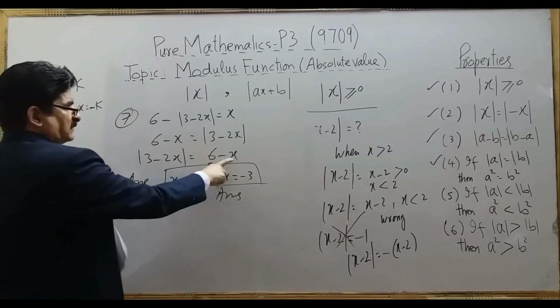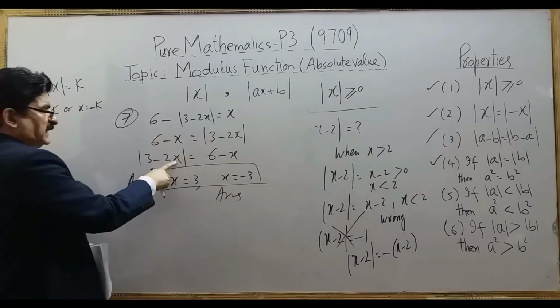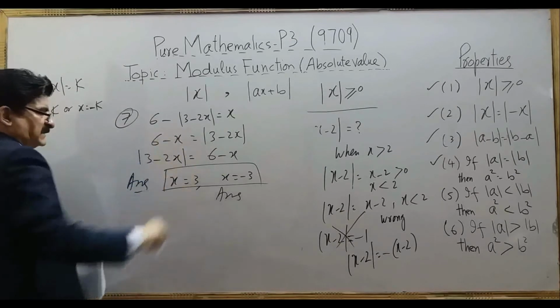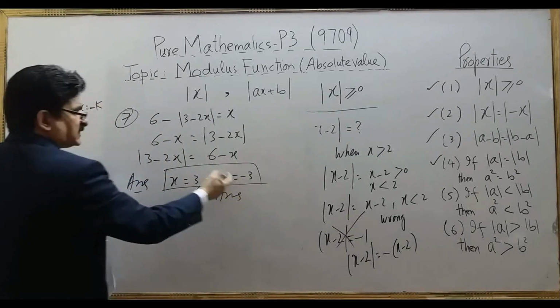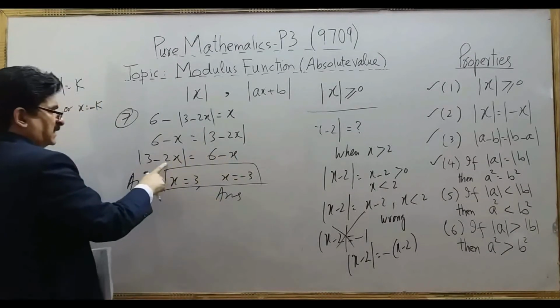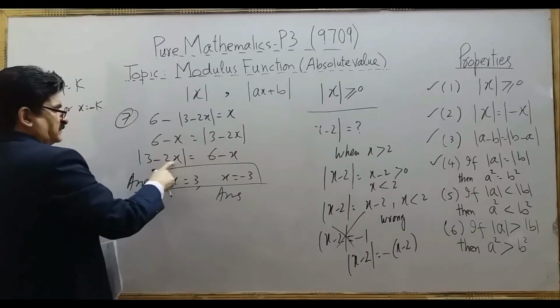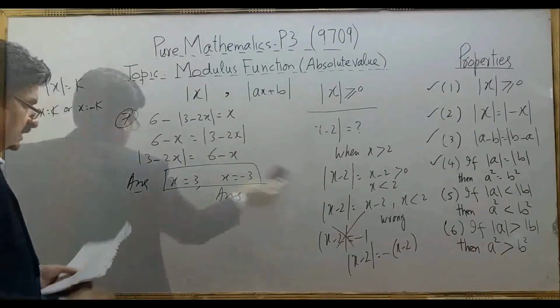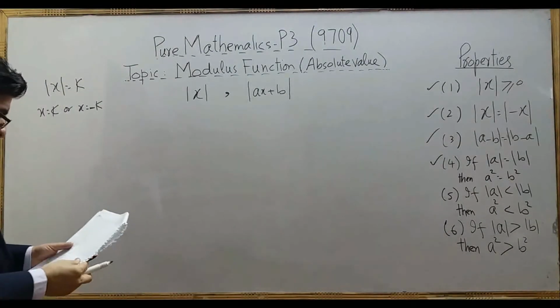If you put 3, for example, here it will be 3. If you put 3, |3 − 6|, minus 3 mod will be plus 3 mod. Similarly, if you put −3, it will be 6 minus into minus 3 is 9. Here it is 2 into −3, plus 6, 9 equal to 9. It satisfies. Our next concept is sketching.